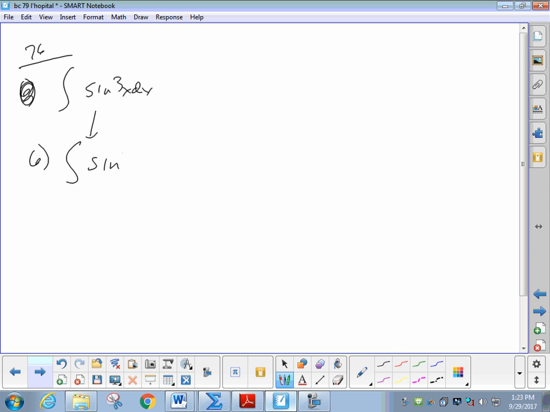What's the antiderivative of sine squared plus cosine squared? You had to switch gears. What is sine squared plus cosine squared? 1. And so that's the expectation. It's not kind of tricky.